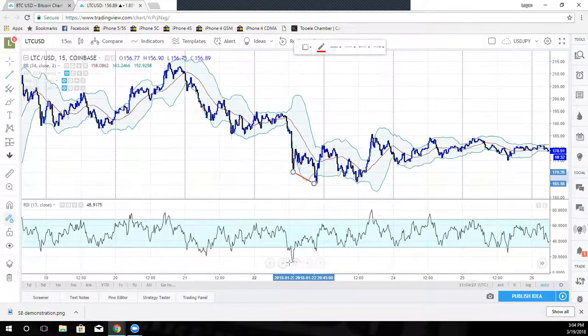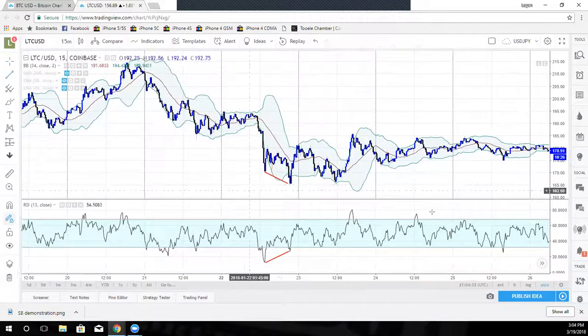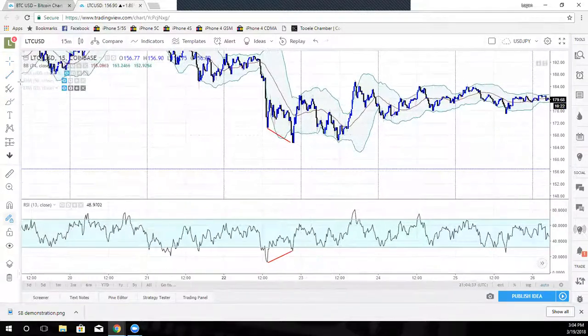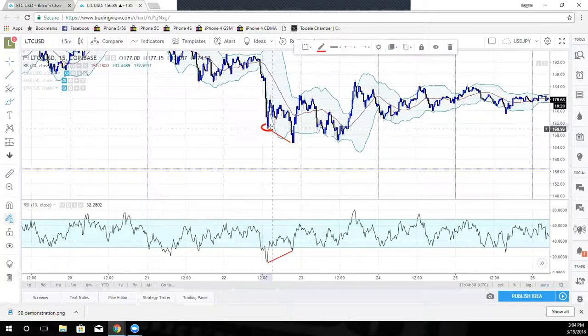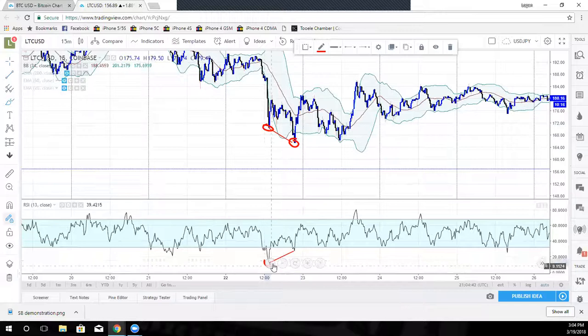Downtrend. Uptrend. Bollinger Band broken. Oversold. And hit take profit. Even higher to the top band.